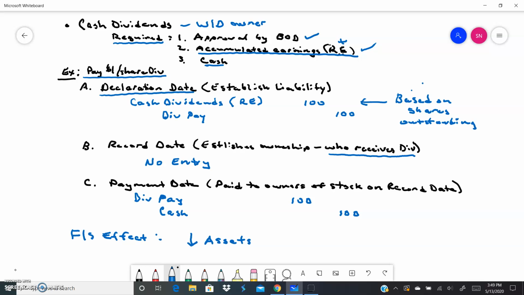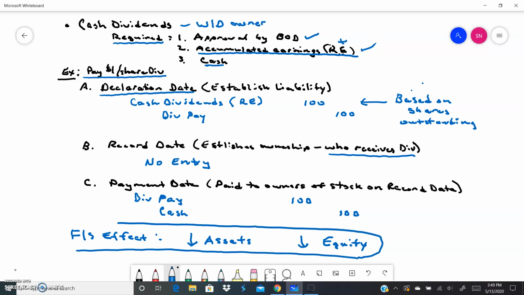As a debit, retained earnings will decrease, and therefore equity will decrease. And that makes sense. It's the opposite of the issuance of stock, in which assets go up and equity goes up. Here, what we're doing is paying money out. The owners are withdrawing money, and so therefore assets are going down and equity is going down.